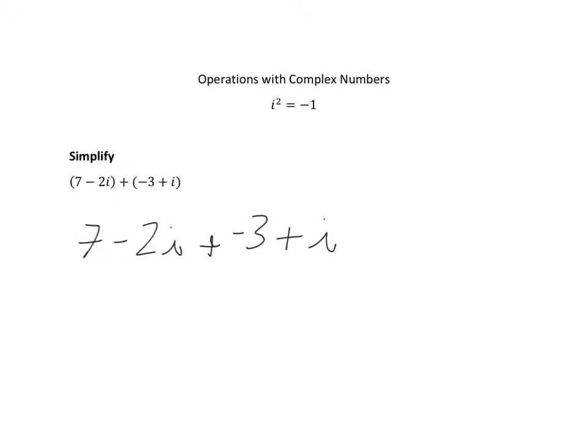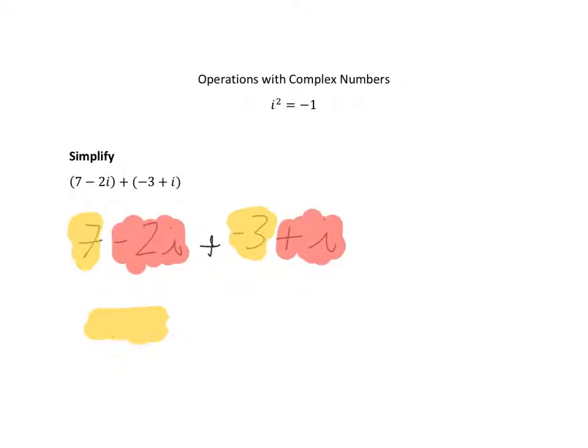I know that 7 and this negative 3 are like terms, and I know that this minus 2i and this little plus i are like terms. So first I'm going to get 7 plus a negative 3, which equals positive 4, sorry.